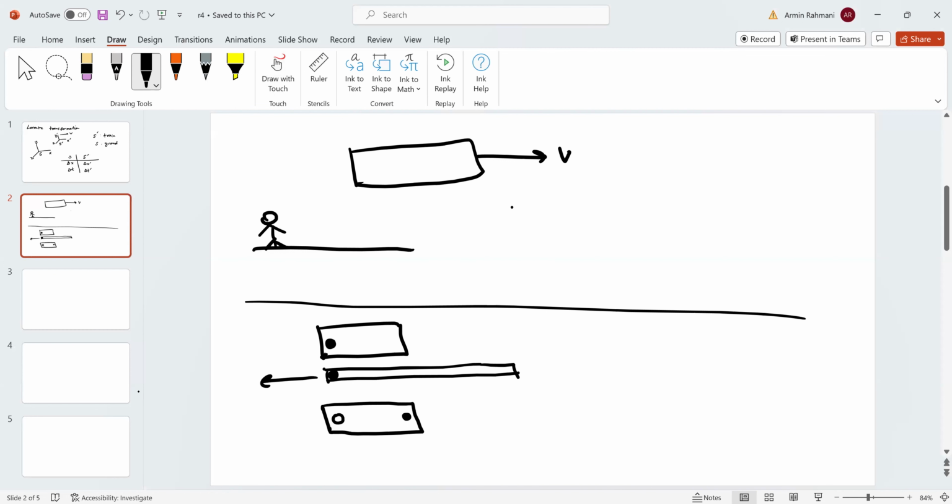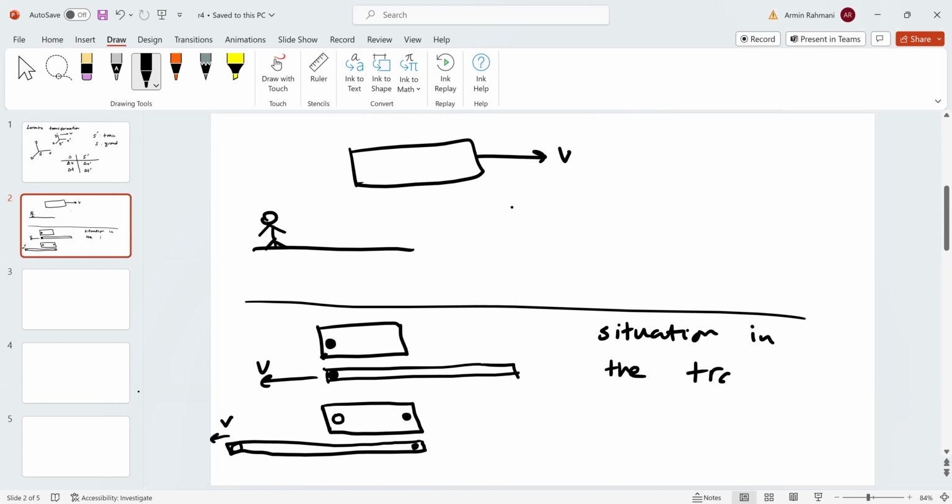So because it's moving this way, when the second paint bomb explodes, the ground, or that particular platform that we're staring at, is going to be somewhere here, still moving with velocity v. So the situation in the train's frame.